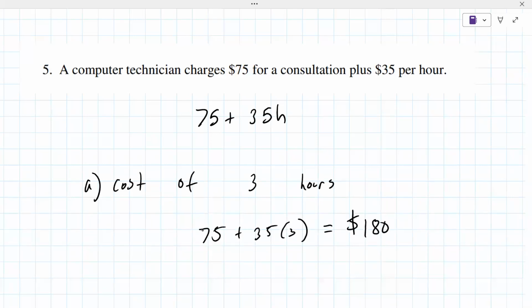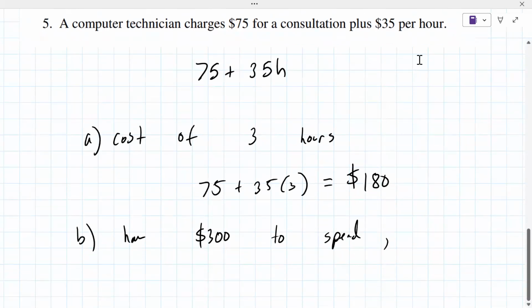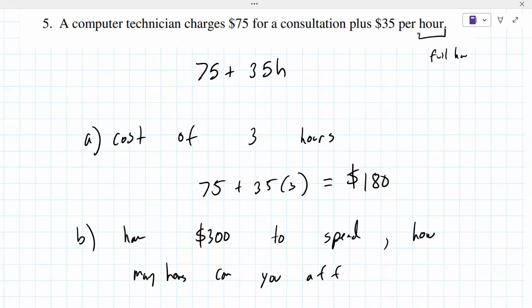All right, so let's say you have $300 to spend. And the way this works, it's specific: you have to pay for the full hour. There are no partial hours. So how many hours can you afford? Okay, so then it's going to be less than or equal to 300. Exactly.